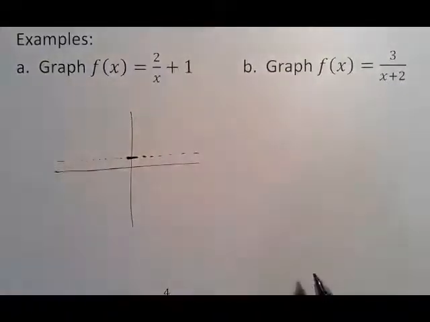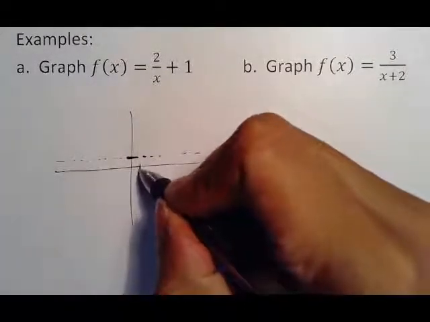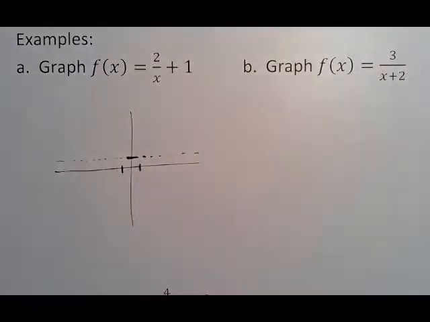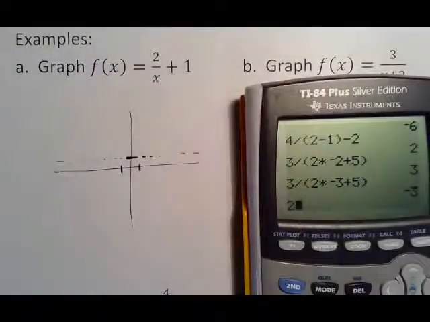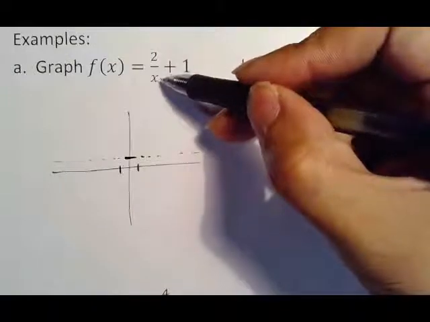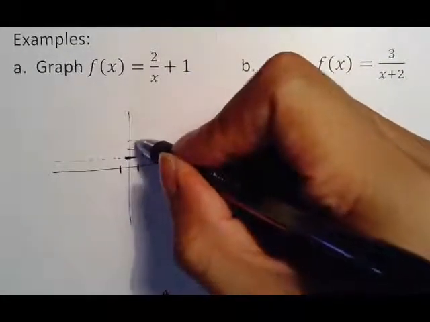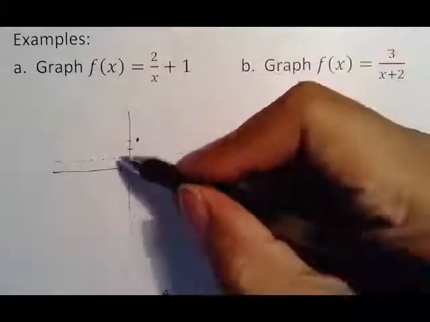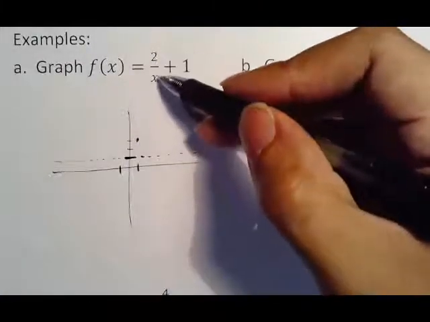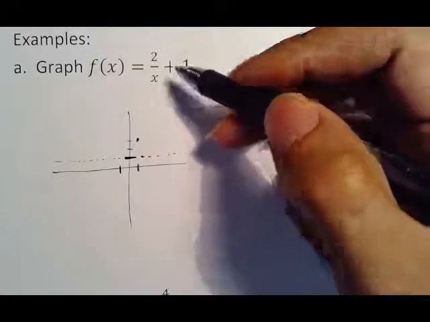line that goes across. Because it's not moving left and right, we are going to check the points 1 and negative 1. So we put 2, which that actually shouldn't even be that bad because that's a 1. 2 divided by 1 is 2. Plus 1 makes 3, so 1, 2, 3 should be it. And then 2 divided by negative 1 is negative 2, and negative 2 plus 1 is negative 1.